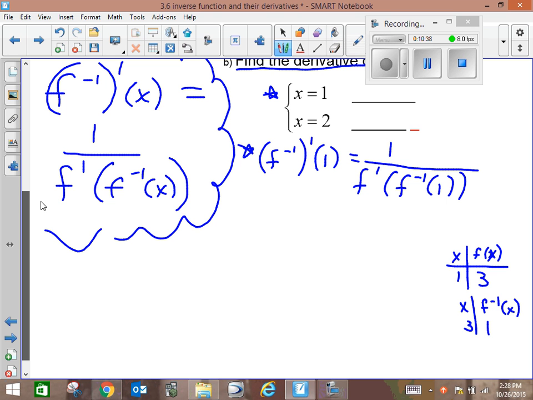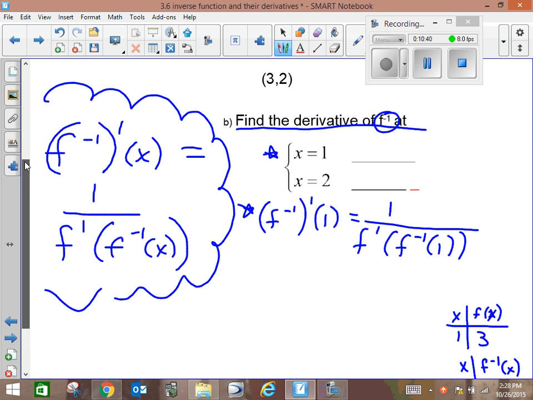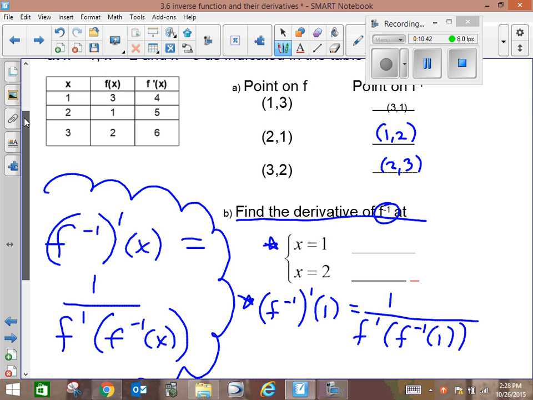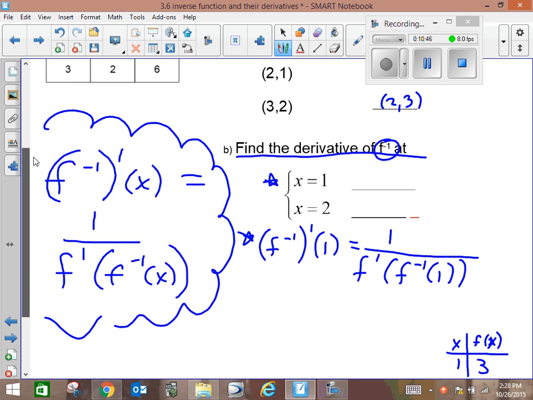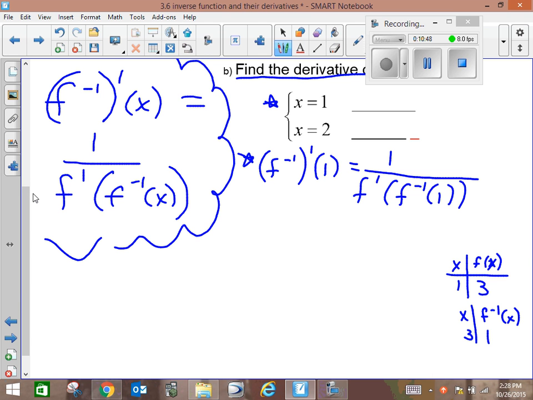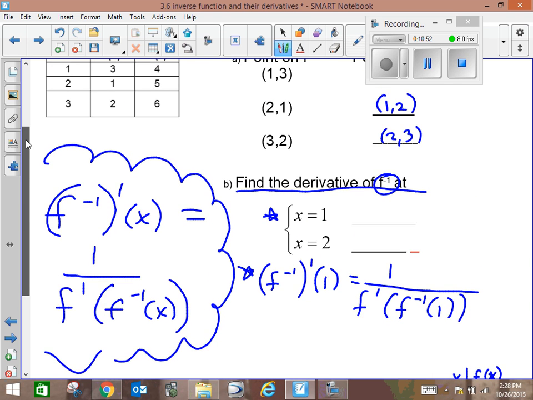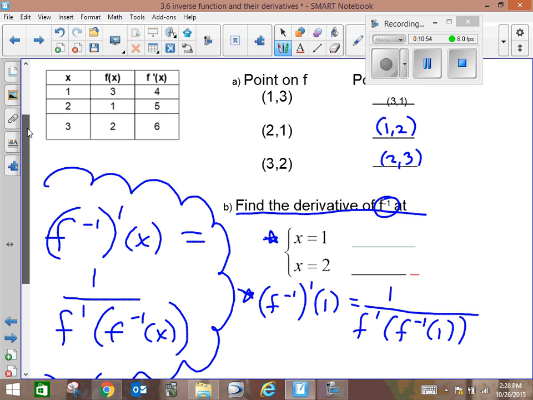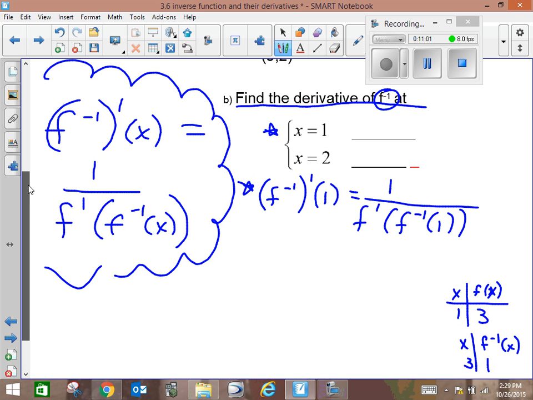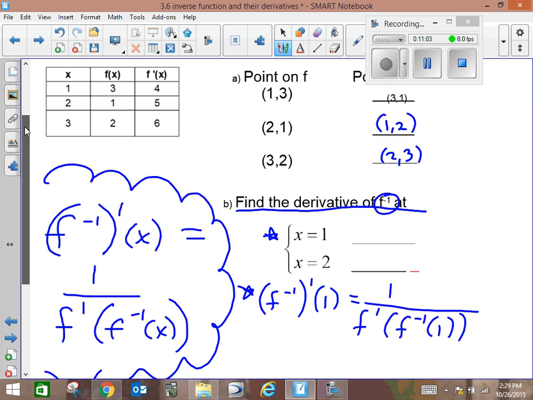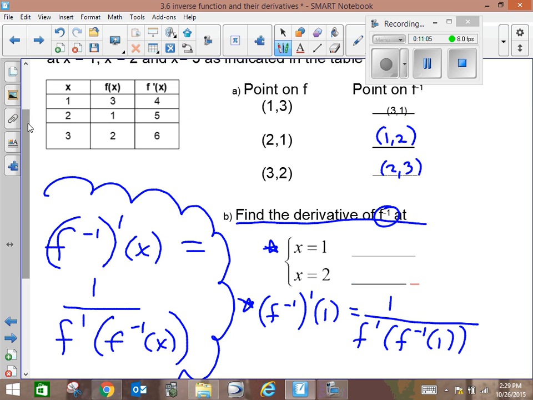Hold on, that's supposed to be the inverse function. Did I do those backwards? No, these are the ordered pairs: 1, 3, 2, 1, and 3, 2.